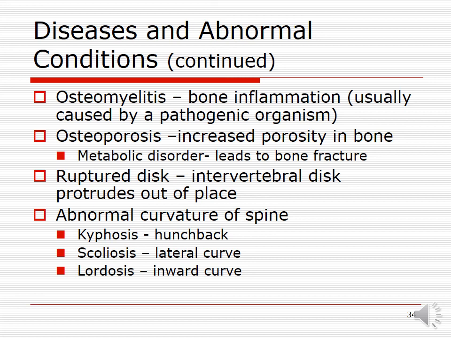That's kyphosis. Scoliosis, this is where there is a lateral curvature to the spine, so the spine actually goes off to the side, one side or the other, versus lordosis, we call that sway back. In kyphosis the spine bulges backwards, whereas lordosis is kind of inward, and it's generally in the lower spine.